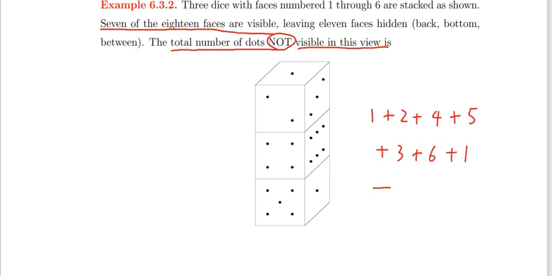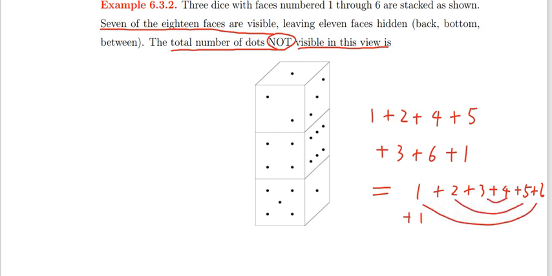So 1 plus 2 plus 3 plus 4 plus 5 plus 6, plus 1. That equals 21 plus 1, which is 22. So 22 we can see.